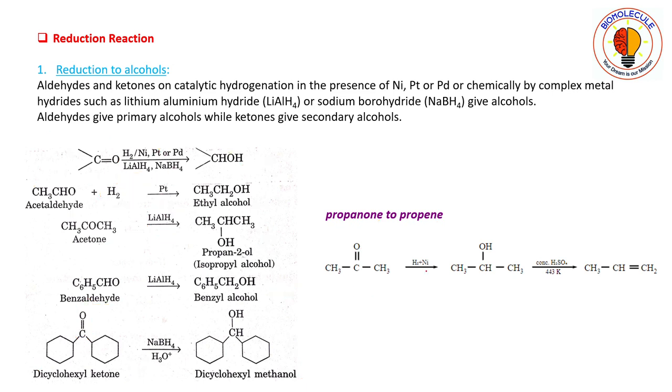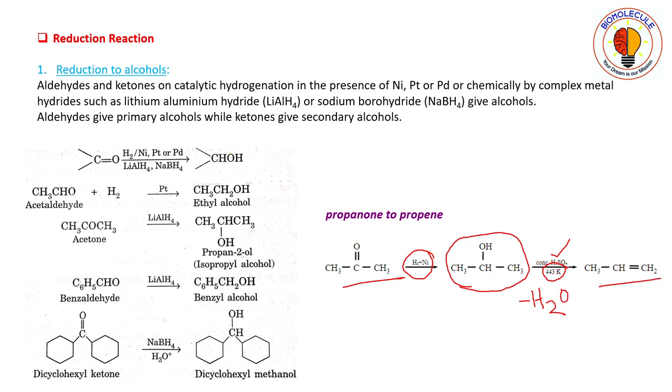Now first of all we will do the reduction of propanone, so we will get this secondary alcohol, and the secondary alcohol on further treatment with concentrated H2SO4 and heat, see here, 443 Kelvin, will give one water molecule and propene.